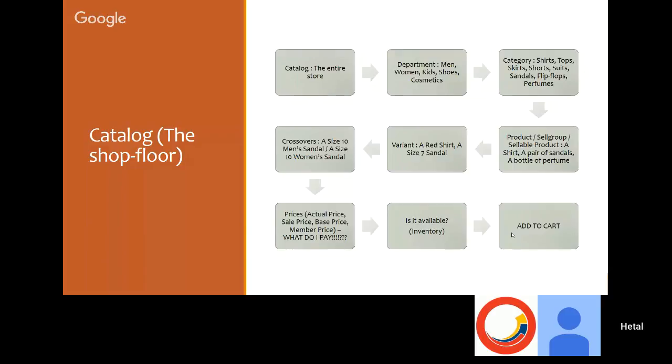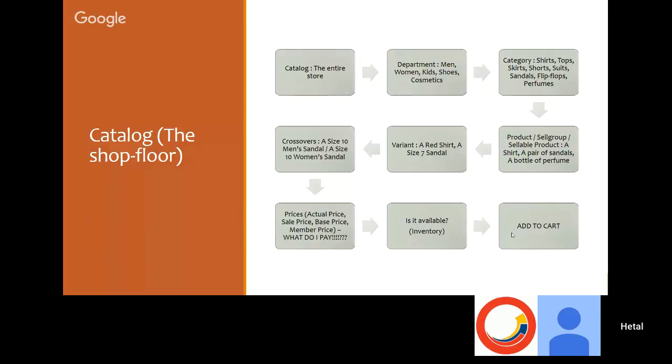Now comes the fun of variant. There are times when a product is available in just one form. For example, if you are buying a cookware set, it's just one thing, one product, and there are no different variations. But when you are buying a shirt, there could be variations like size or color, or even within the size there could be ranges, like standard sizes versus big and tall sizes, or extra small sizes, that kind of stuff.